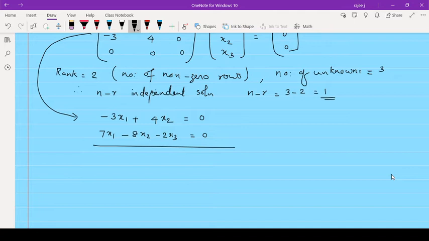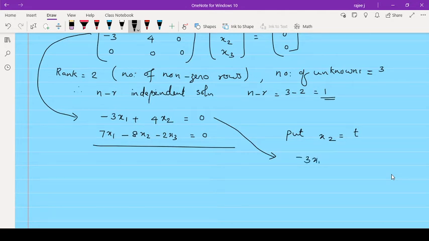Suppose I put x2. x2 can be anything, say I give x2 equal to t. Or x1 equal to t as you like. It can also be t by 2, 2t, 3t, 5t, so that the simplification will be easier. I will show you what I am doing.